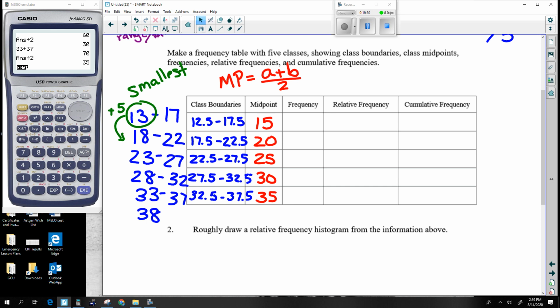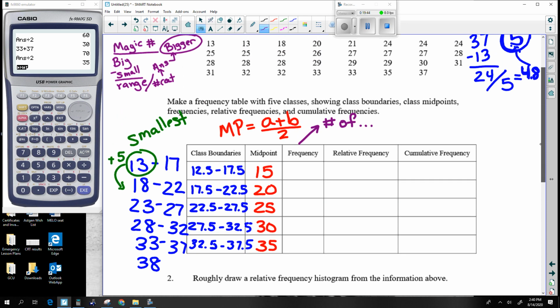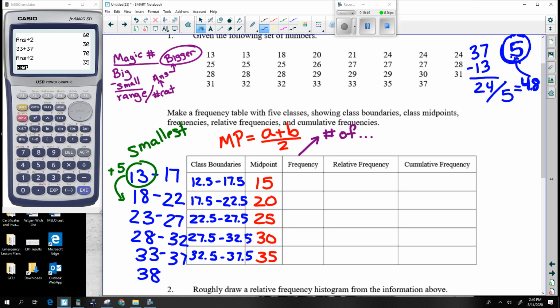Frequency is easy. It's the number of. It's literally counting. So in category 1, we're talking about numbers 13 to 17. What the frequency is, literally, is how many numbers are there?